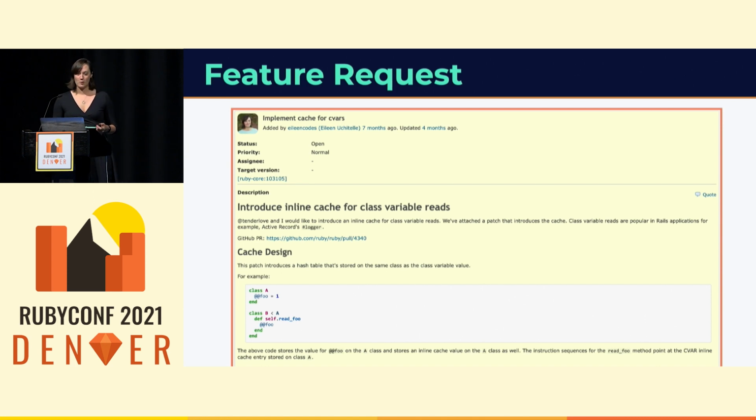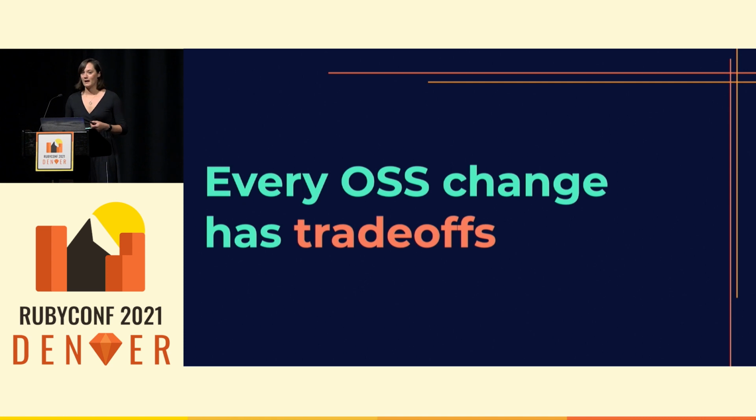Fundamentally, every change in open source has trade-offs. Actually, let's be real, every change to code everywhere has trade-offs. I'm sure you've experienced this at work in your own job, trying to decide whether it's worth the risk of fixing that technical debt or just ignoring it and building your feature. Maybe you opt to add complexity because you think you'll get back to fix it later, and you never do.